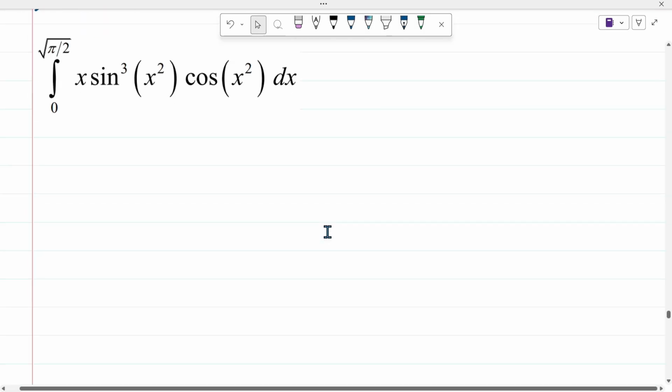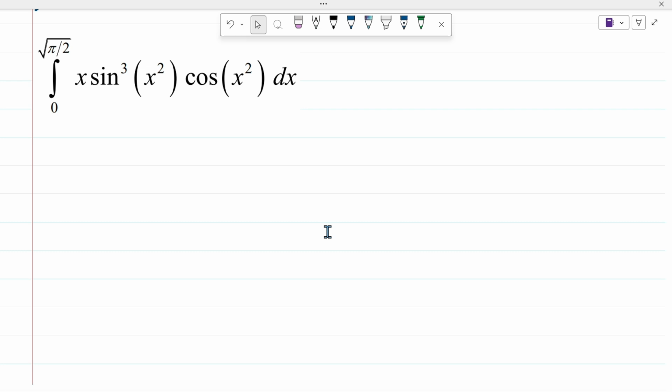Yeah, then from here, you are going to continue and integrate. So let's continue quickly and finish these few remaining questions. Now we're given the integral of x sine cube of x squared cos of x squared dx.